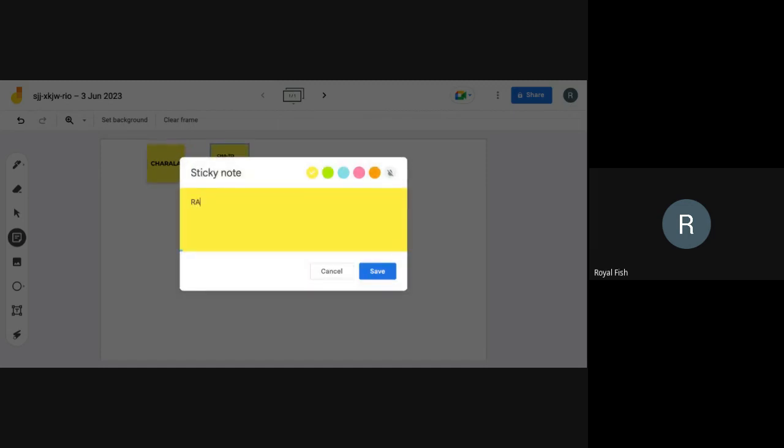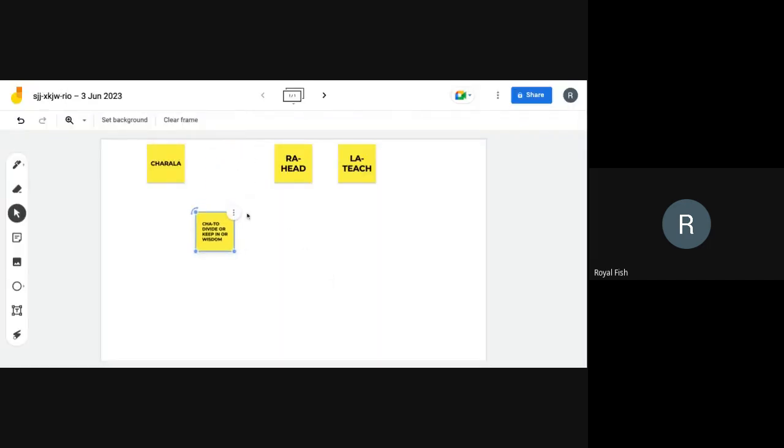Then you have the Ra, which is the head, and the La, teach. So Ka Rala, to divide or keep in my head that taught me. So to be a preservation.